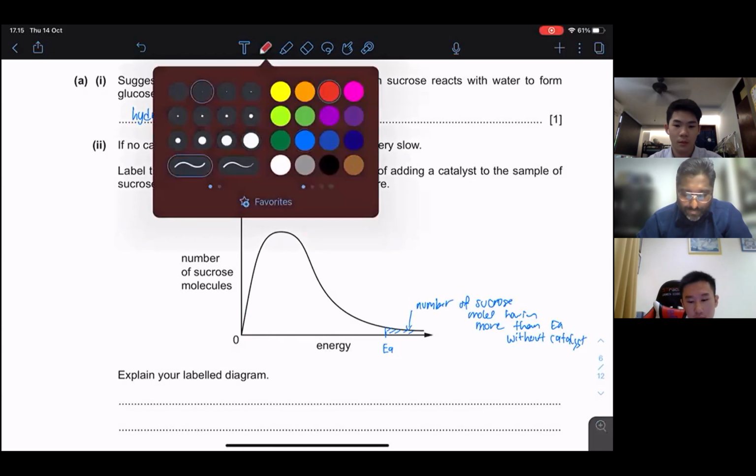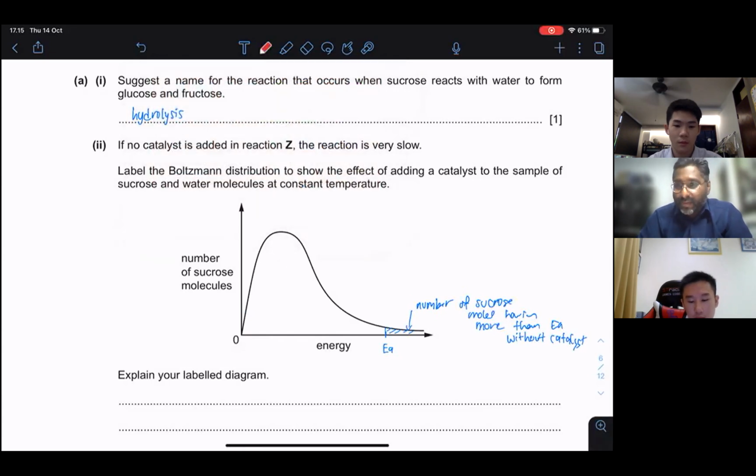So now what is going to happen when you add catalyst? The catalyst is going to decrease the activation energy. It means now the activation energy is here. So maybe the activation energy now is going to be here. So you need to label activation energy with catalyst.